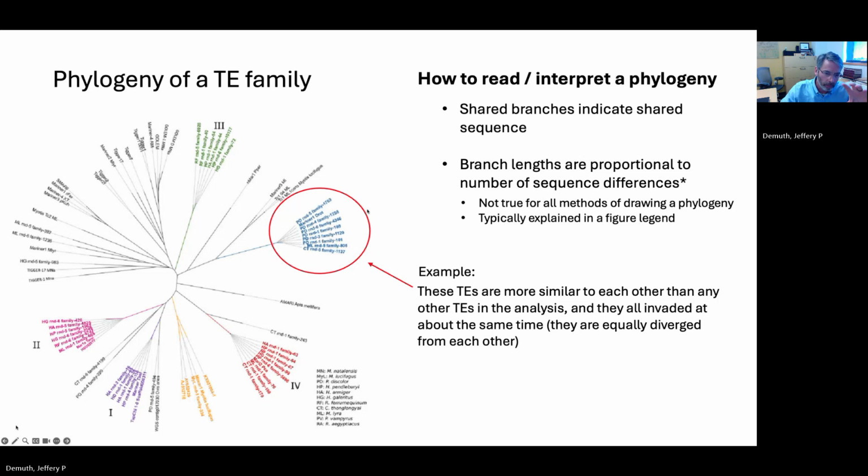Just to make it more concrete, if we look at this family of blue transposons, these guys are all more similar to each other than they are to any other transposable elements in this analysis. And we can tell that they all invaded at about the same time because they are all equally related to each other. Now, maybe there's 1 mutation for these bottom 3 that the other ones don't have.